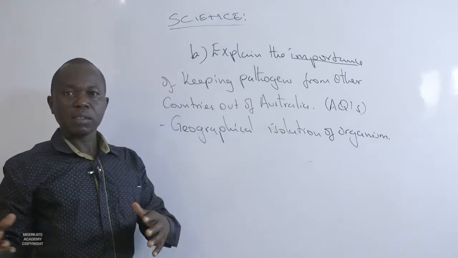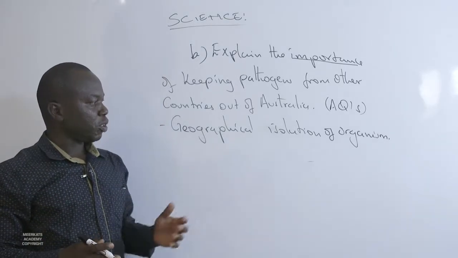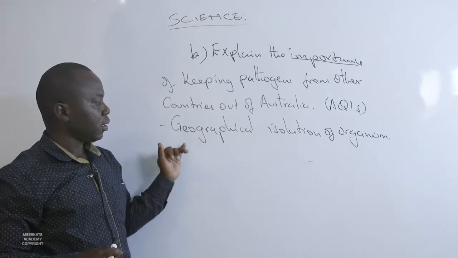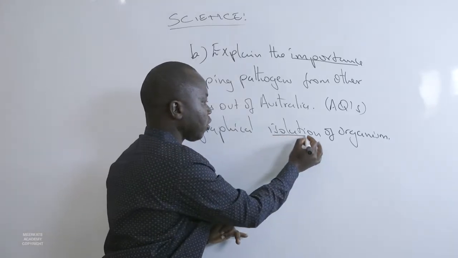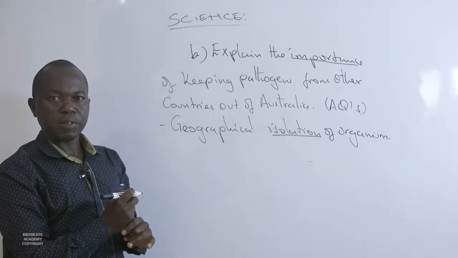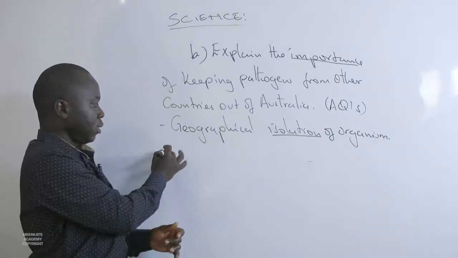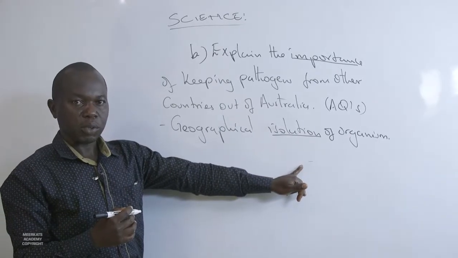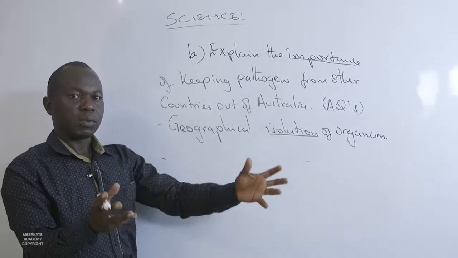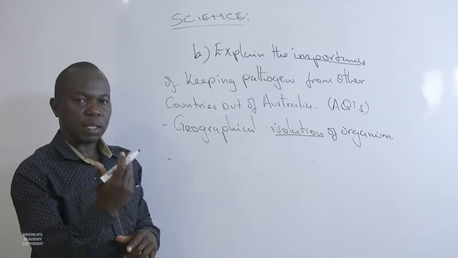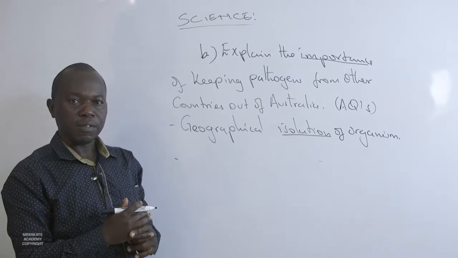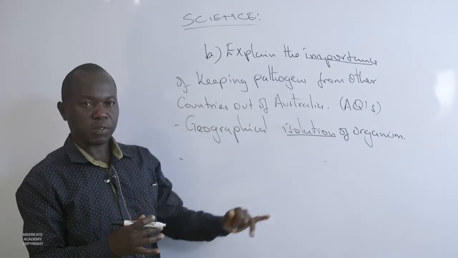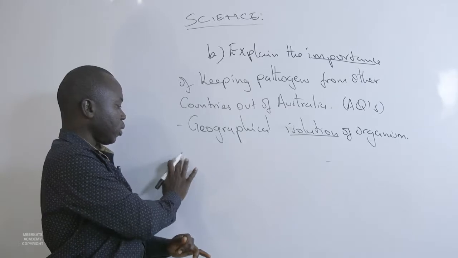Remember the theory that led to formation of different continents, Australia being part of that land. So we had geographical isolation of the organisms to different environment. And isolation leads to evolution, to adaptation to that kind of ecosystem, and then later they become a different kind of species. So geographical isolation of organisms led to evolution.